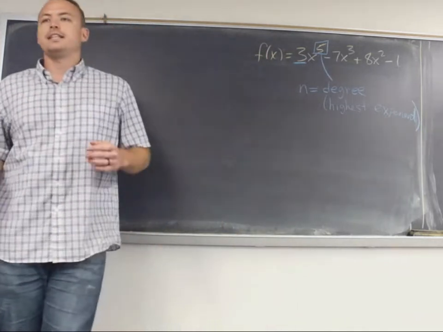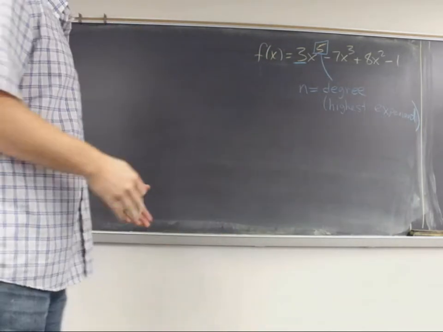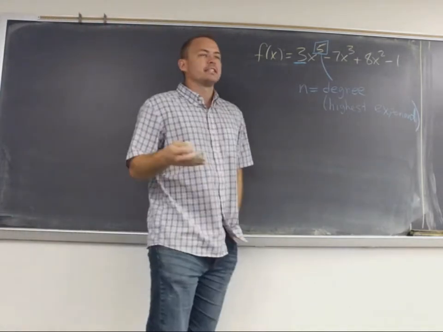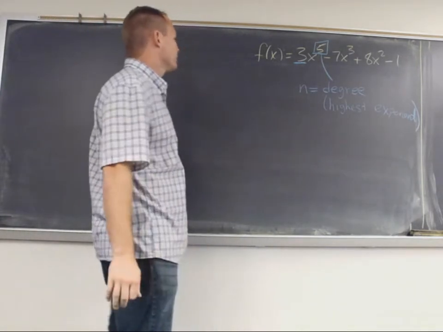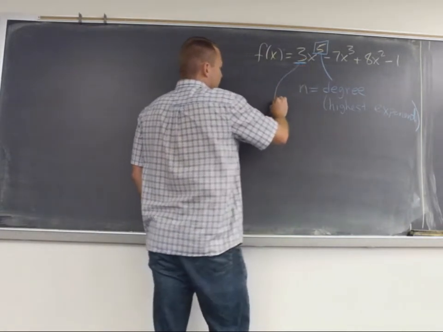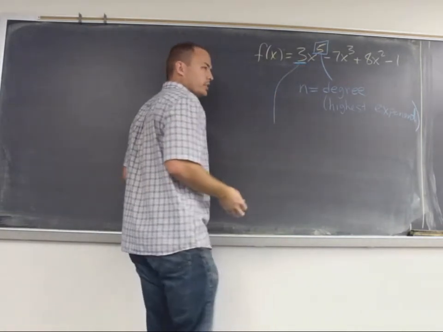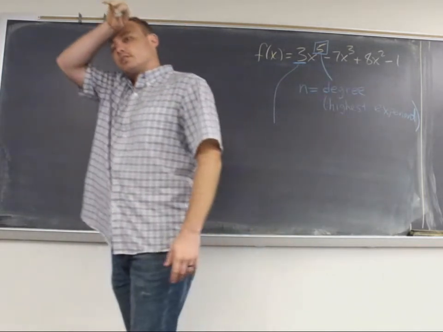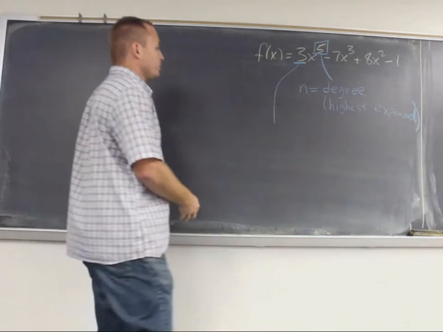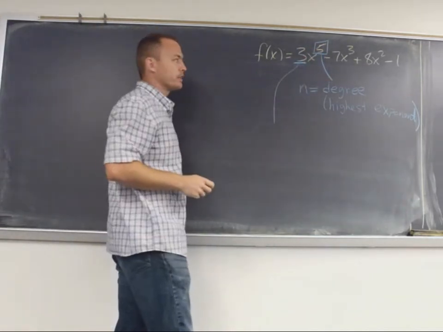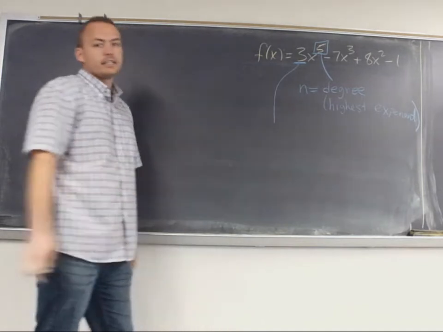So when you see n is equal to 7, that means the degree of that polynomial function is 7, and it's the highest exponent of that function. Now, this 3 here is called a coefficient. The same thing with this minus 7 and this 8. They're all called coefficients, but this one's special because it's attached to the degree term, or it's attached to the highest exponent. So this is what's called a leading coefficient.